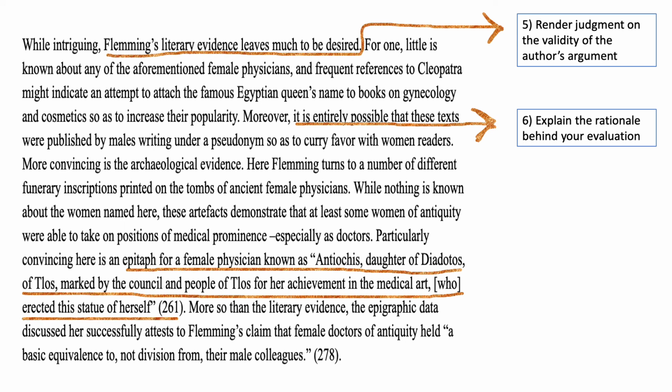So if you read this paragraph here, you'll see that while I'm not convinced on the literary side of things, I do think that the archaeological evidence is more in favor of the argument Fleming is trying to make here. And I say that by quoting a specific passage from Fleming's article where she uses some archaeological evidence, an inscription in this case, to support her claim.